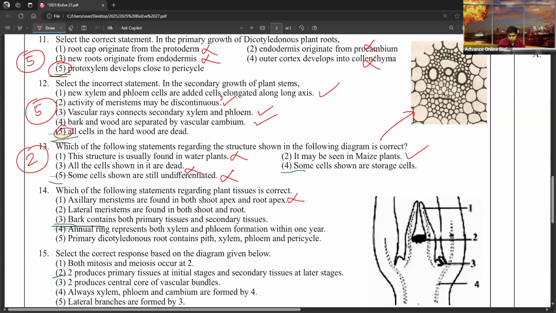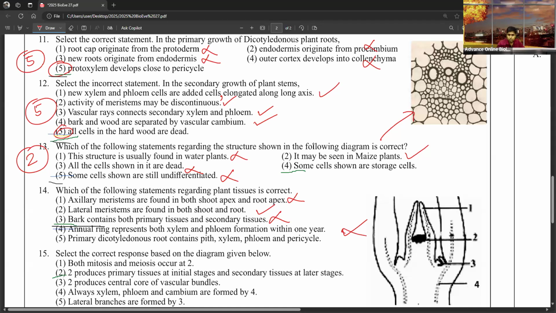Lateral meristems are found in both shoots and roots. Bark contains both primary tissue and secondary tissue. No, bark has secondary tissues. Wrong. Bark is all tissues outside the vascular cambium. Annual ring represents both xylem and phloem formation within one year. Not phloem. Annual ring is xylem, not phloem.